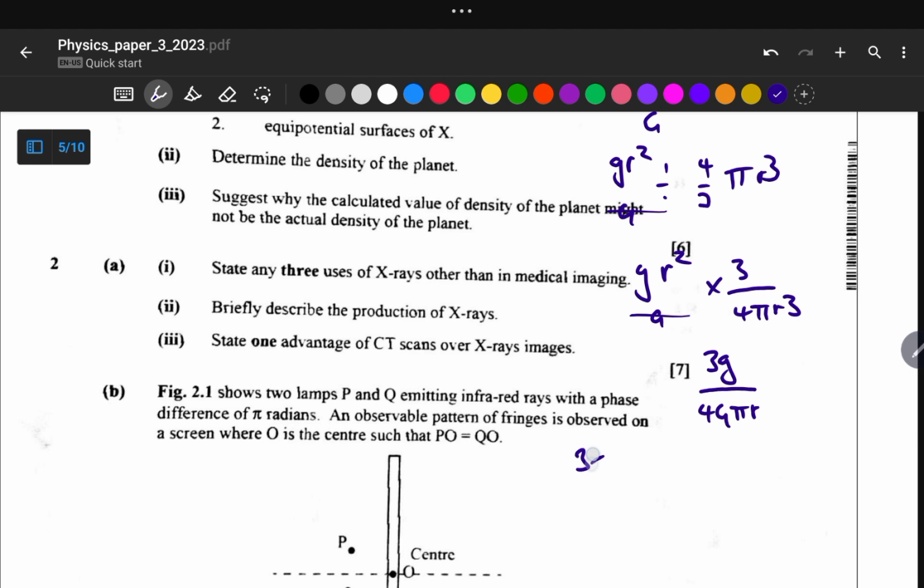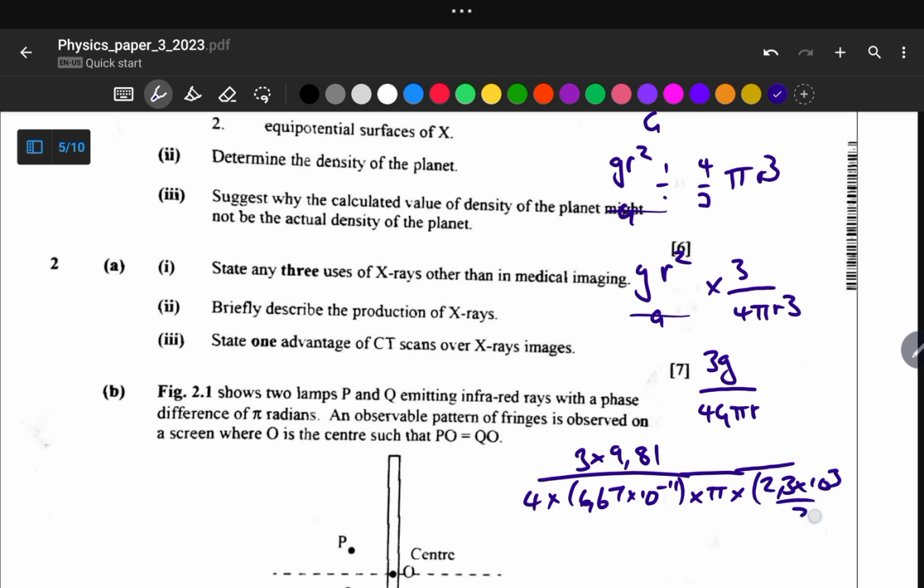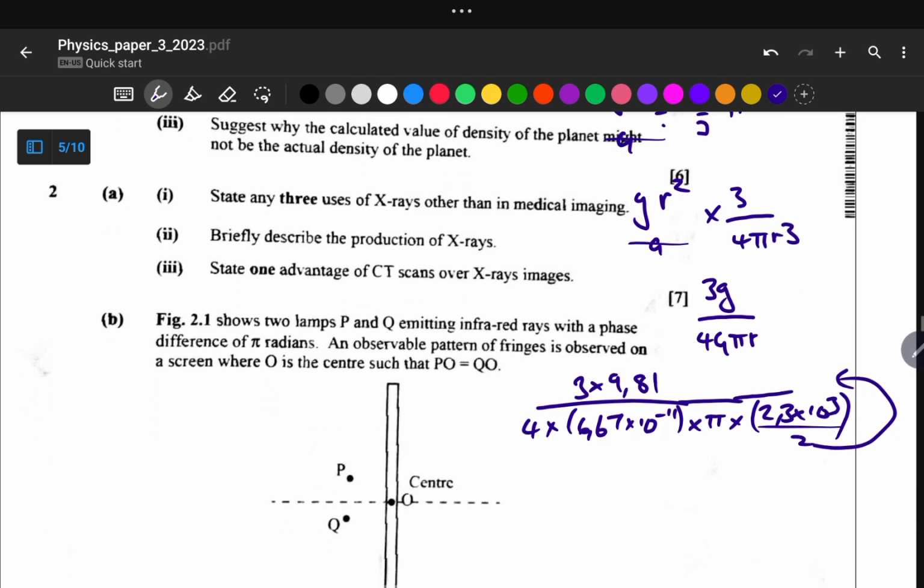So it is now 3 times 9.81 divided by 4 multiplied by 6.67 times 10 to the power negative 11 multiplied by pi multiplied by the value of r, that is 2.3 times 10 to the power 3 divided by 2.